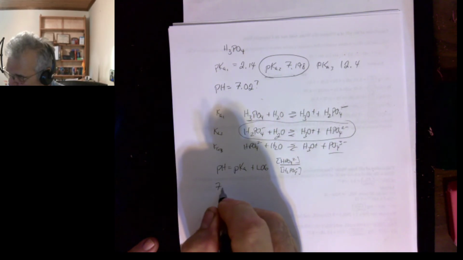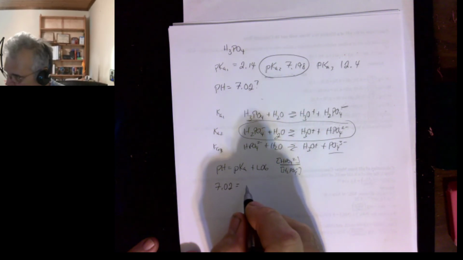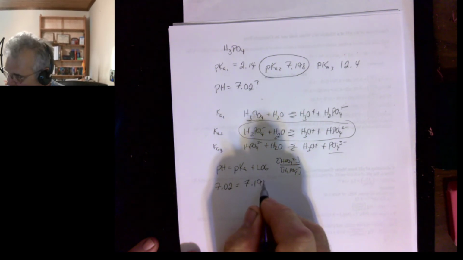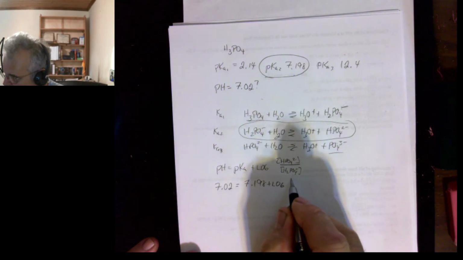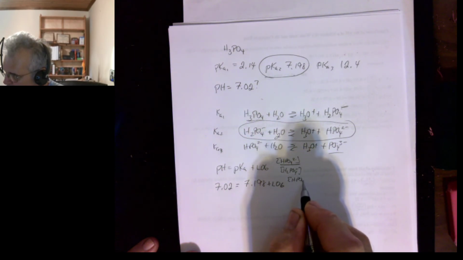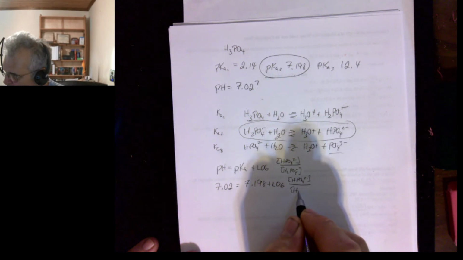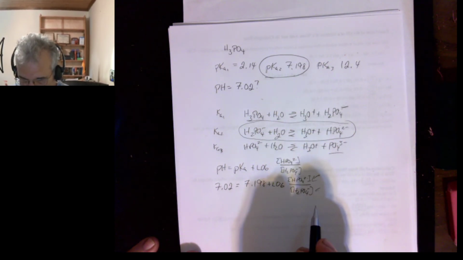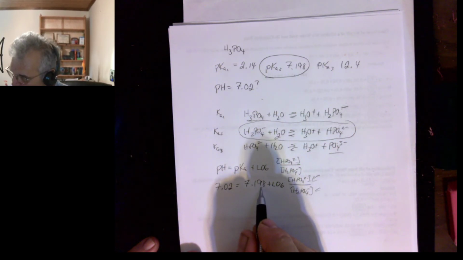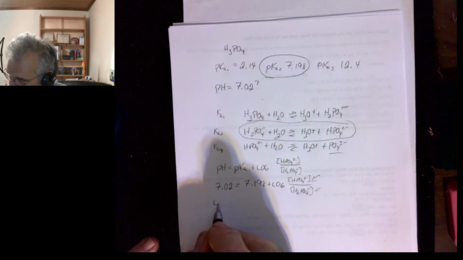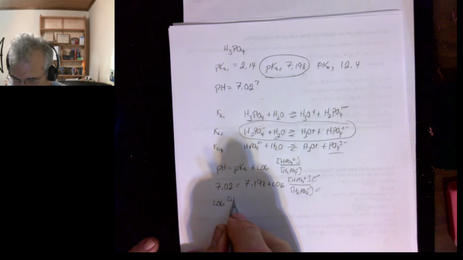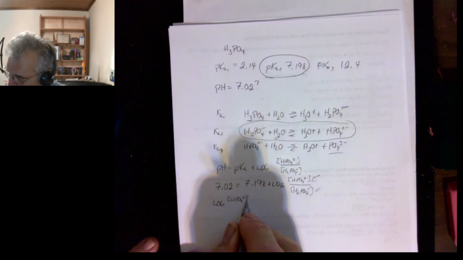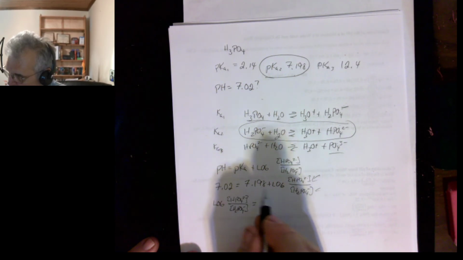So that means 7.02, the pH we want, is equal to 7.198 plus the log of HPO4 2 minus over H2PO4 minus. Conjugate base, weak acid. All right, so I subtract this from the other side, and I've got that my log of HPO4 2 minus over H2PO4 minus must be equal to 7.02 minus 7.198, which is negative 0.178.